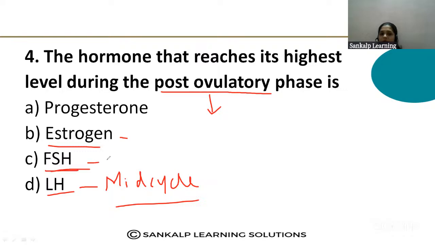Estrogen is released by the developing follicles. Follicle stimulating hormone is also released before the ovulation, but progesterone is the post-ovulatory hormone. Progesterone is secreted by which part of the ovary?